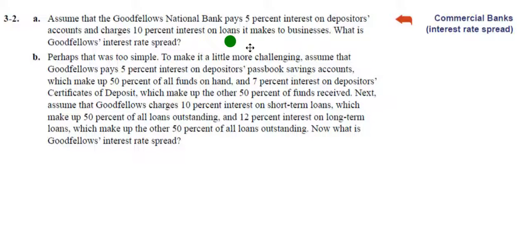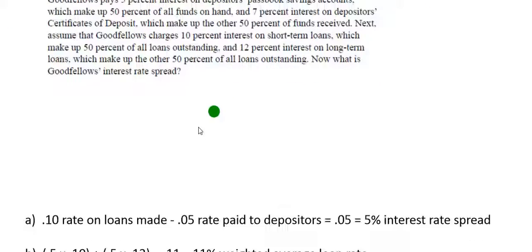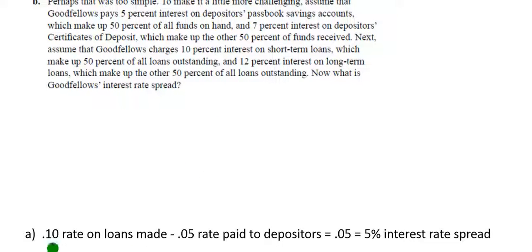The spread is 5%. So if we do the simple math on that, we just simply say 10% or 0.10 rate on loans made minus 0.05 rate paid to depositors equals 0.05 or 5% interest rate spread.